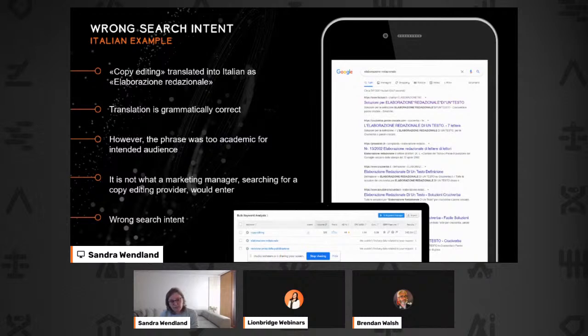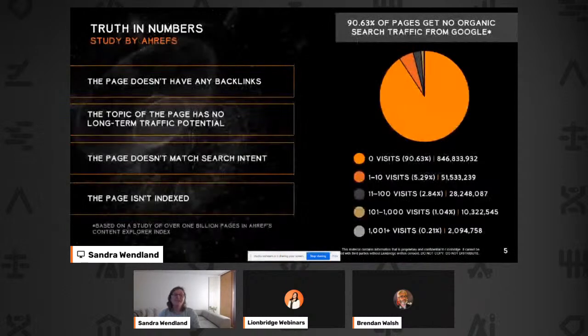Thank you very much. I wanted to point to another chart that I found in my daily reading, and it points to the fact that 90% of all pages out there, all the business pages that are being built, do not get any organic search traffic.